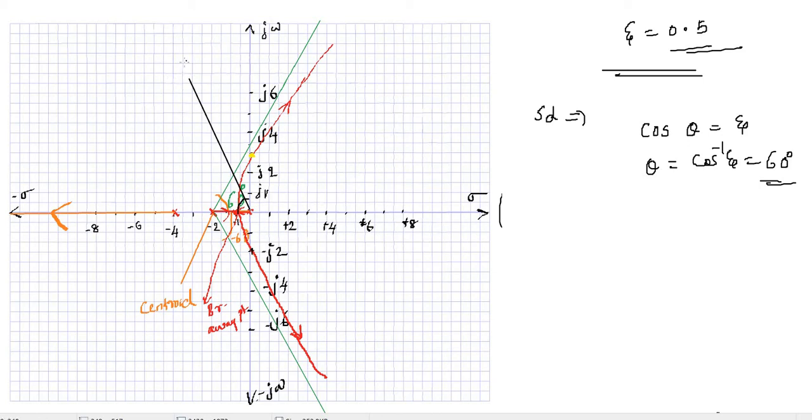Let this point be P, and starting from the origin, this angle is 60. Corresponding to this angle, mark the line from the origin and extend it. Now this line meets the root locus here at this point, and this is the dominant pole SD.